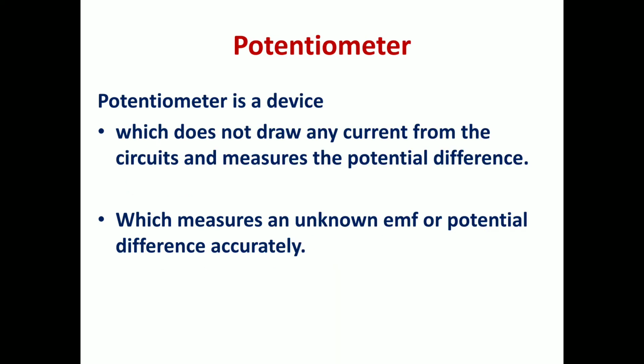Now, what is a potentiometer? A potentiometer is nothing but a device which does not draw any current from the circuit and measures the potential difference. That is, without drawing any current from the circuit, it finds out the potential difference.